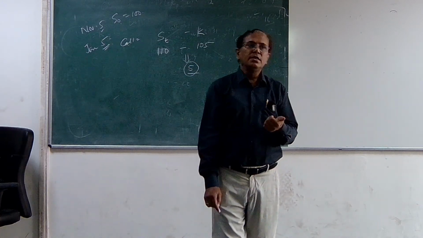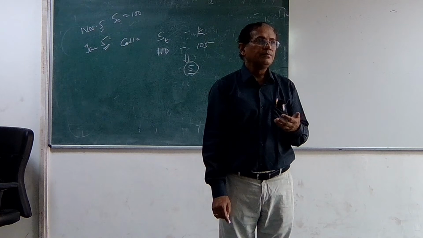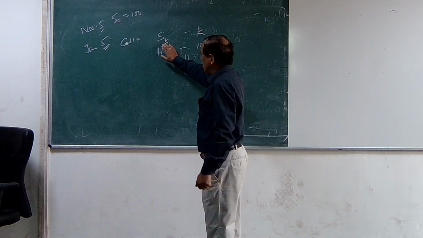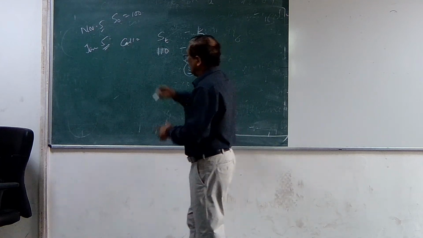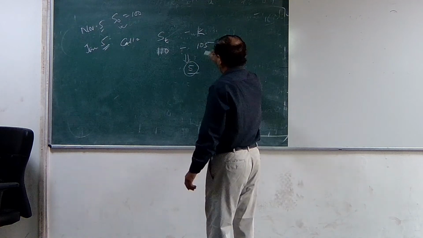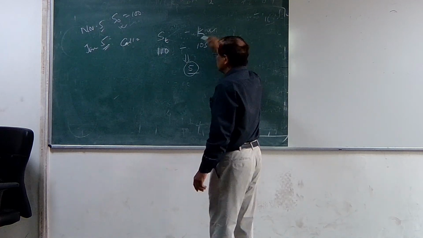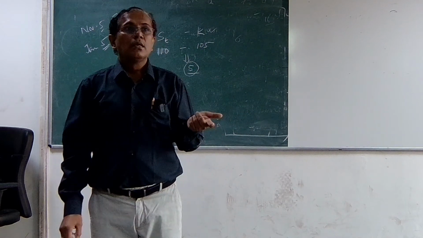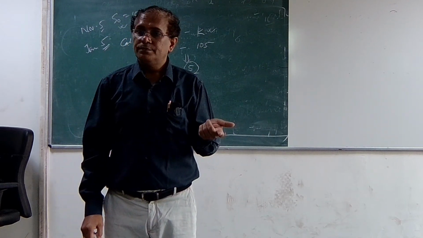We don't know ST. So what is ST here? If we have to determine ST minus K, S0 is known with certainty as on date. K is known with certainty as on date, because that is what it has been offered, that is what it has been priced.